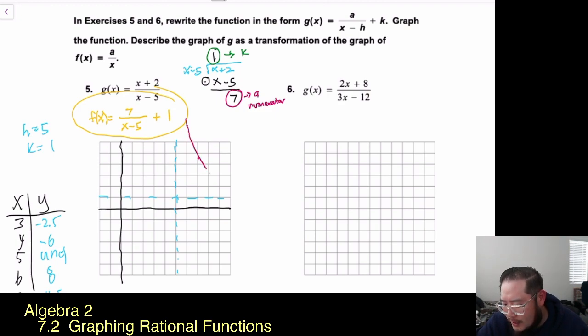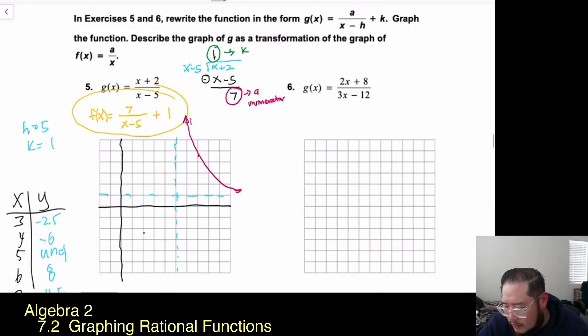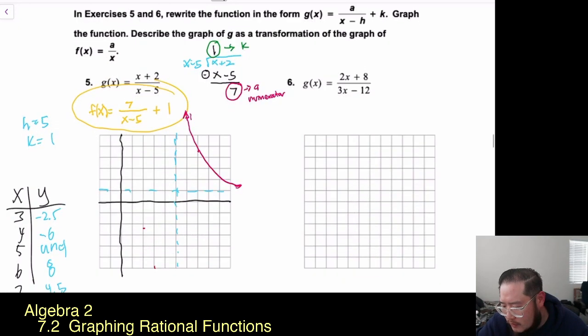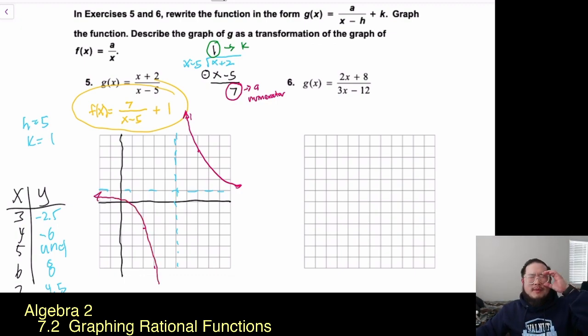And then at 3, there's -2.5, and then at 4, we're at -6. All right, so there's kind of our poor representation of that function, but there it is.